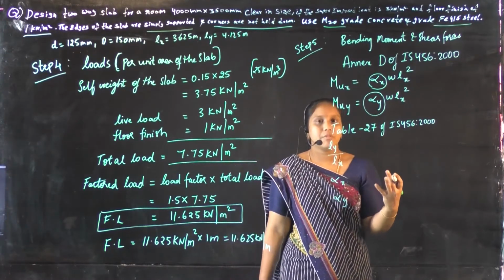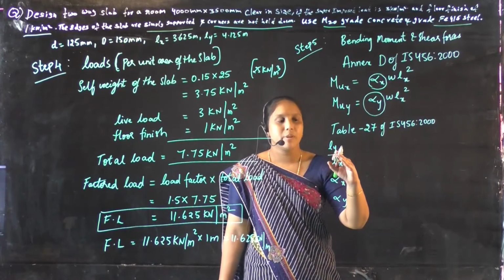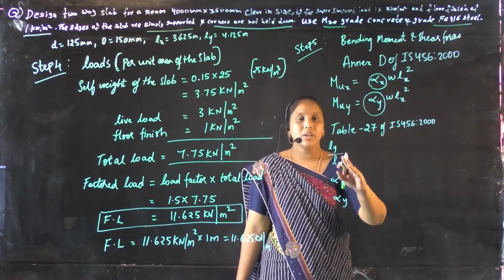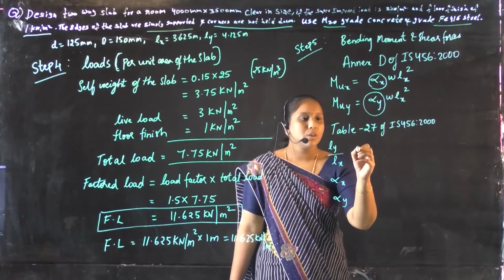So first, what we have to find out is the Ly by Lx ratio, that is, the longer span divided by the shorter span.